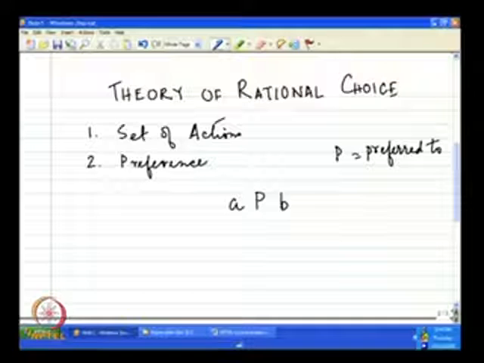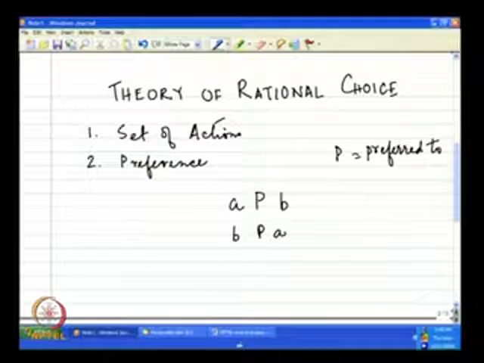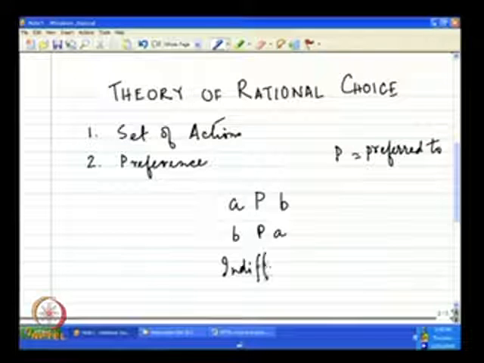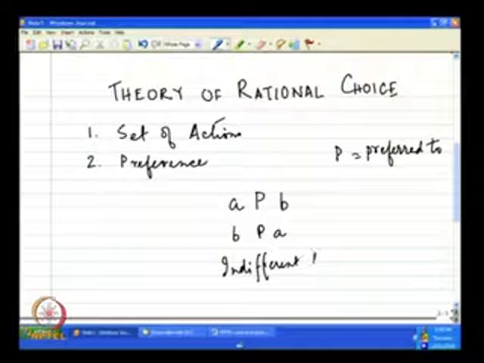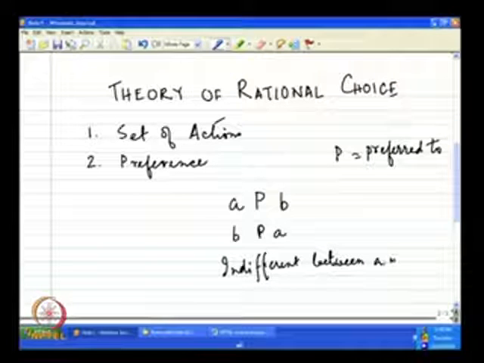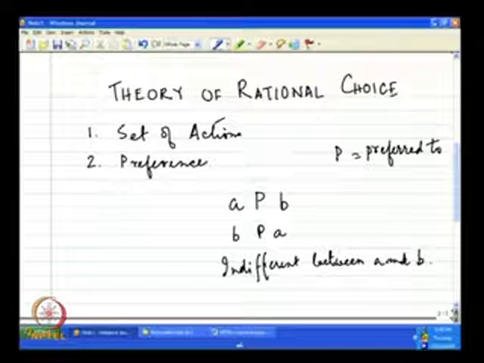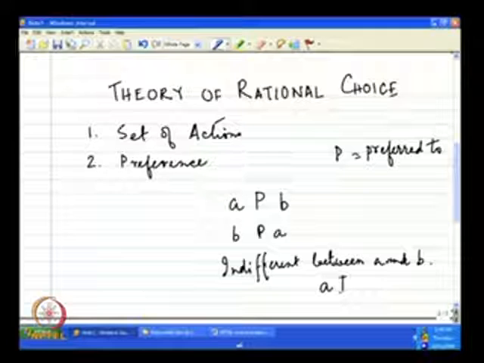So whether he prefers A to B, or does he prefer B to A, or is it the case that he is indifferent? It can also happen that he is indifferent between A and B. This can be written as A I B, indifferent.